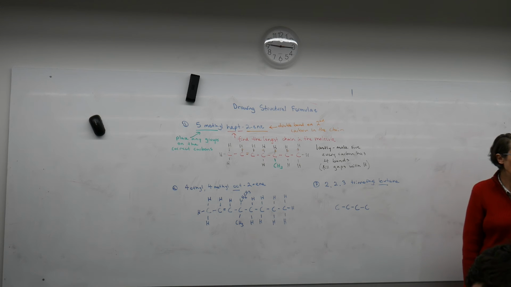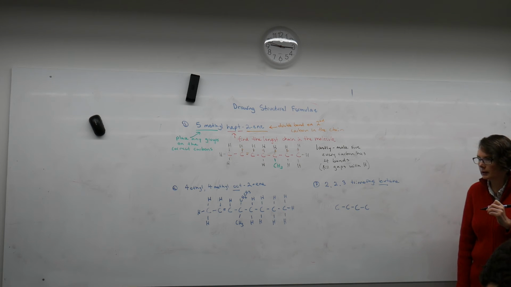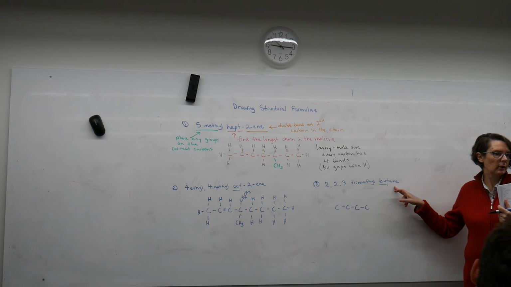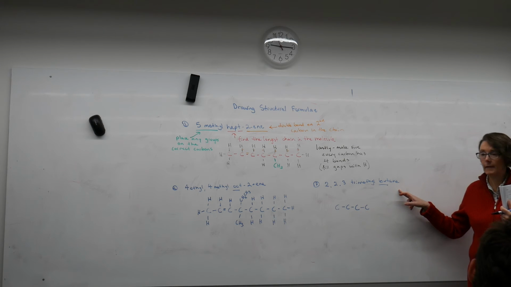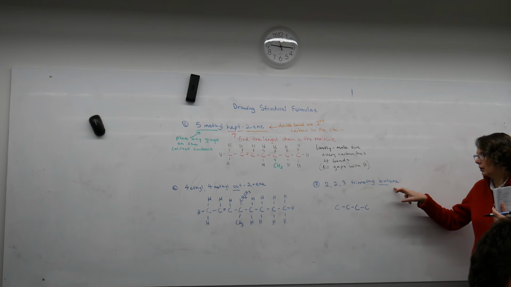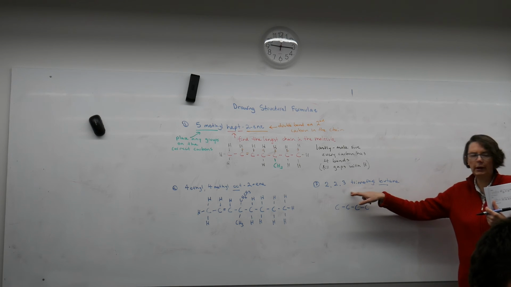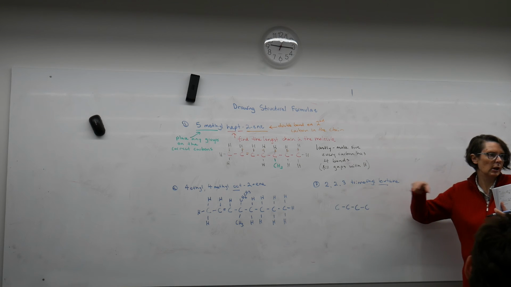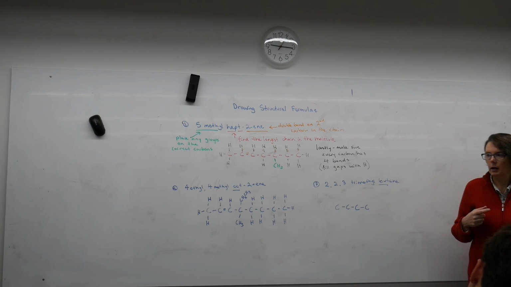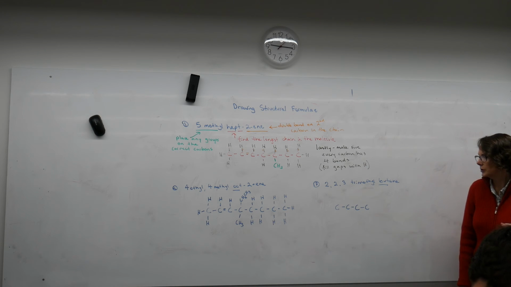Okay, what's our next step? It's an ane, so what does that tell me? Single bonds. So I don't need to look anymore in the chain here. I'm going to be looking at the front information, aren't I? So what's next?